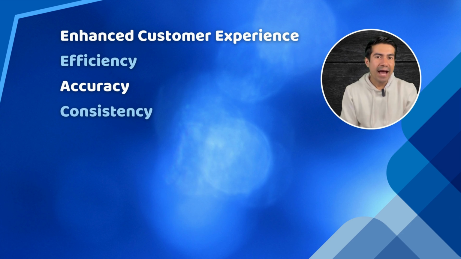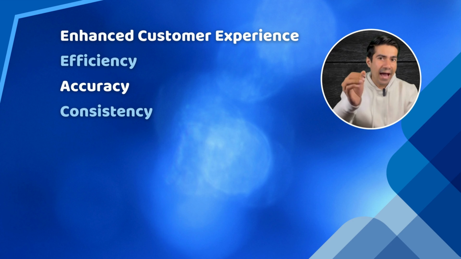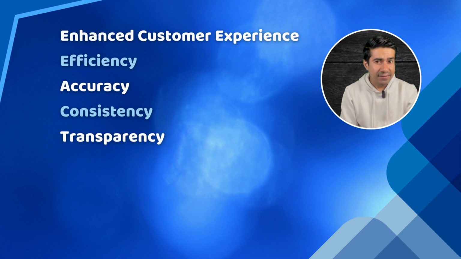Makes sure that every request, like a loan application, goes through the same sequence of steps, keeping the process consistent and delivering the same results every time, whether it's Bob's loan application or Lisa's. Provides full visibility into request status, allowing customers to track their requests in real time.